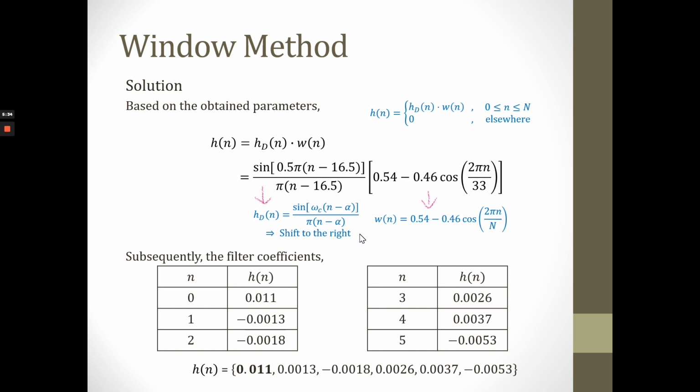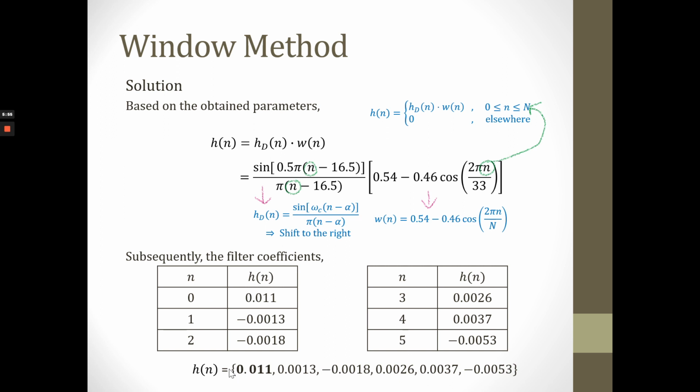Next, we calculate based on the n from 0 until 5 given in the question. So we substitute the value of n from 0 until 5 in this equation, and we have h(n) for each n from 0 until 5.